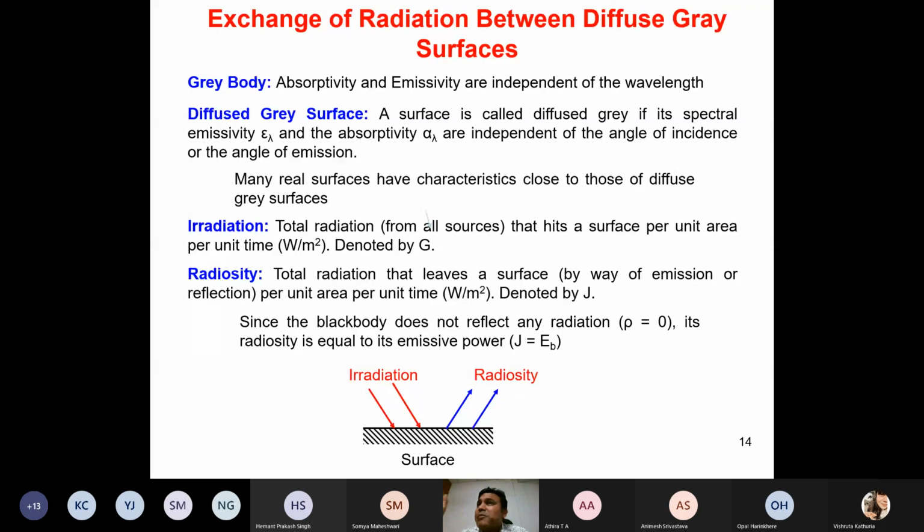Radiosity J is the same as EB because a perfect black body does not reflect anything. Whatever the incident radiation falling on the black body, everything is absorbed, so there is no reflection. So in the case of a perfect black body, radiosity is the same as emissive power, capital EB. Is it clear to everybody?